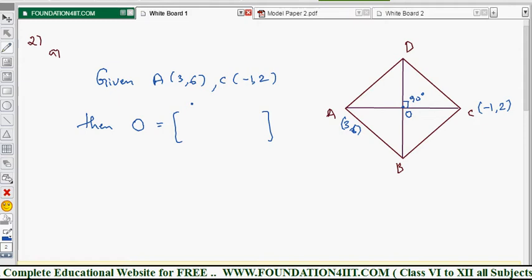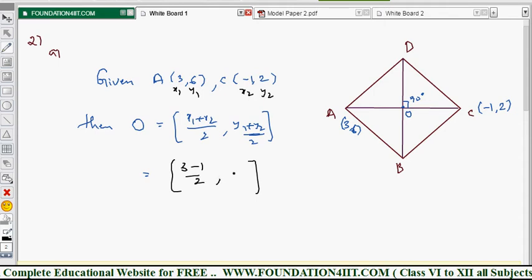Then you can find O, the midpoint of A and C. We know the midpoint formula: (x1 plus x2) by 2 comma (y1 plus y2) by 2. Let's substitute: x1 is 3, x2 is minus 1, so (3 minus 1) by 2, and y1 is 6, y2 is 2, so (6 plus 2) by 2.